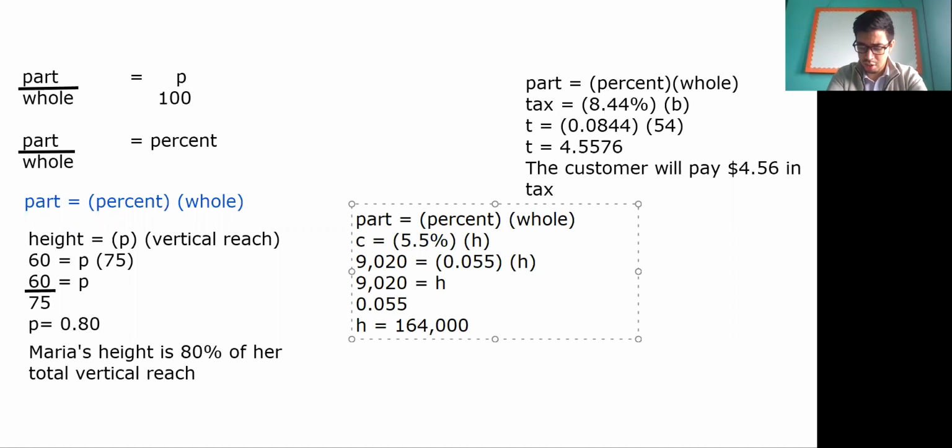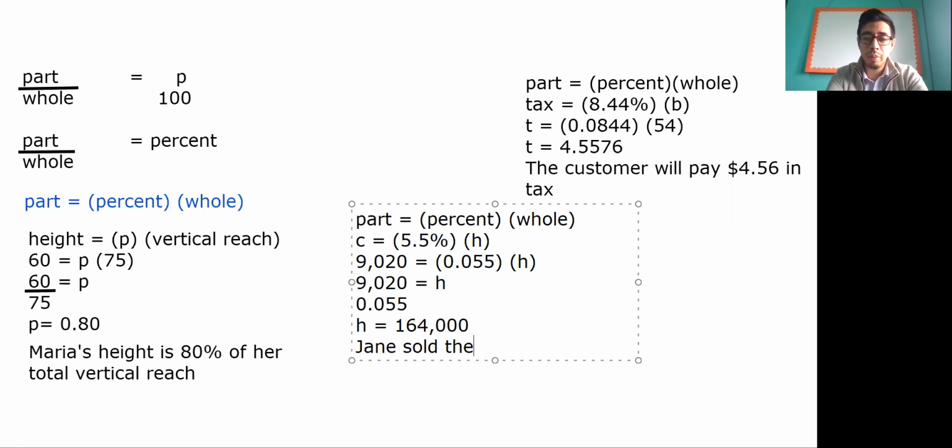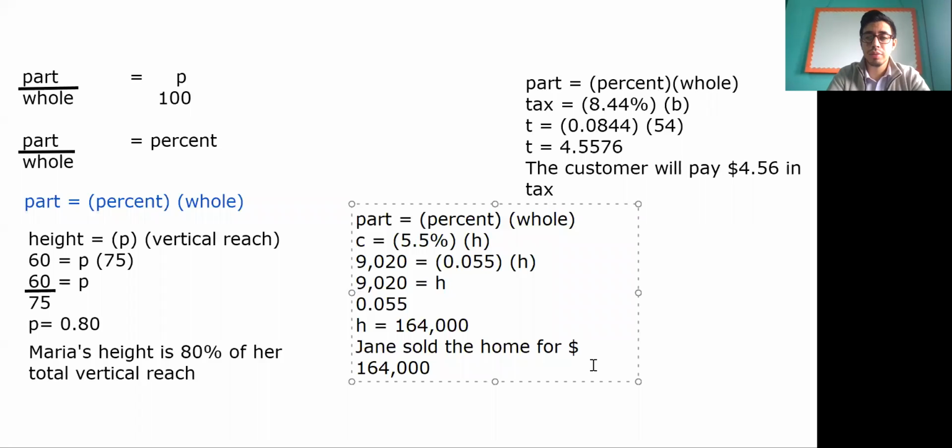In dollars, right? So Jane, I have the final answer. Jane sold the home for $164,000. This is the price Jane sold the home.